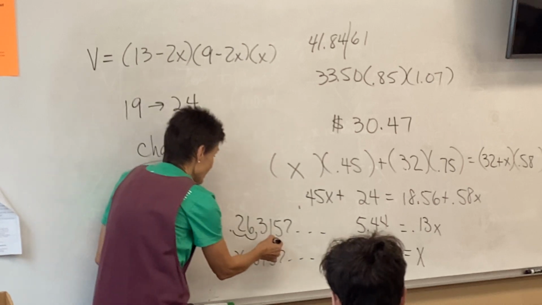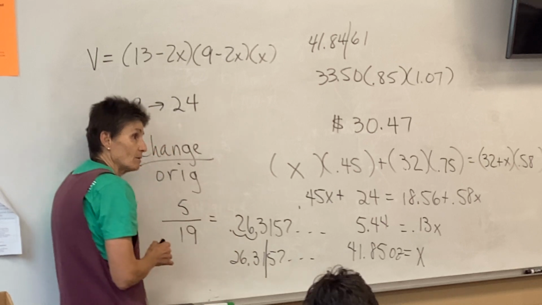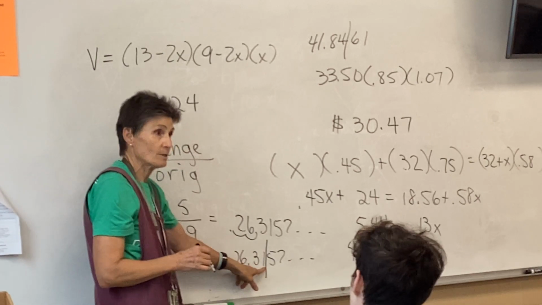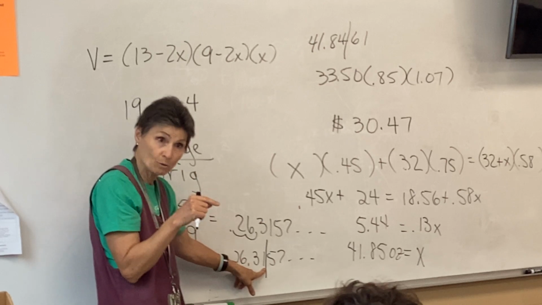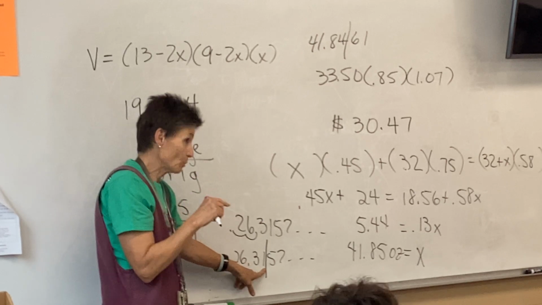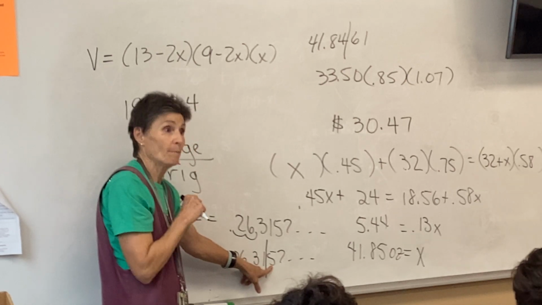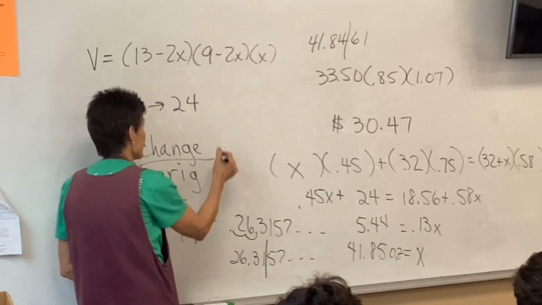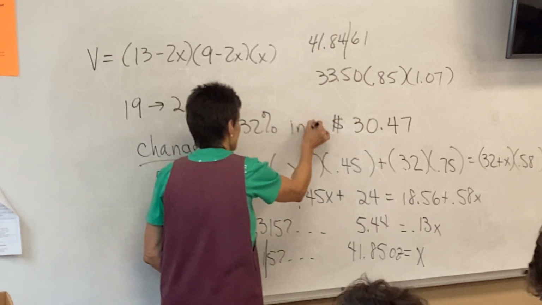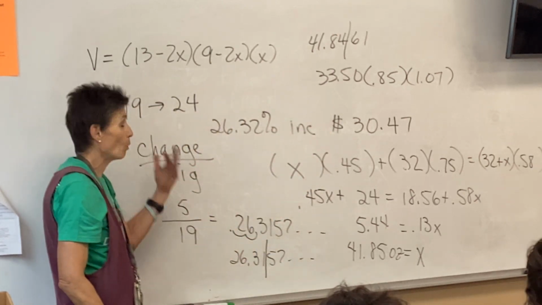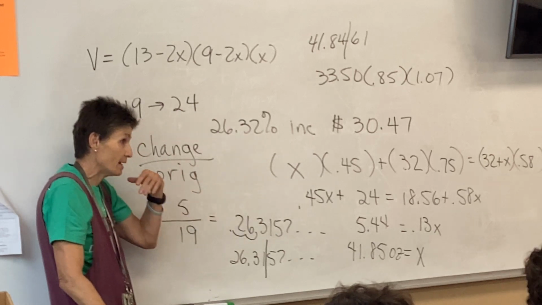If I'm going to the nearest hundredth, then I have to stop right there. This number is the only one that might change; it's either going to stay 1 or go to 2. The general rule of thumb is, if it's 5 or more, we go up. So we're going to say 26.32% increase. Basically, they won 26.32% more games this year than they did last year.